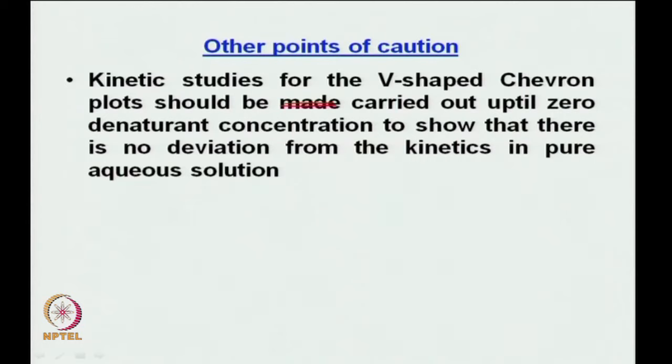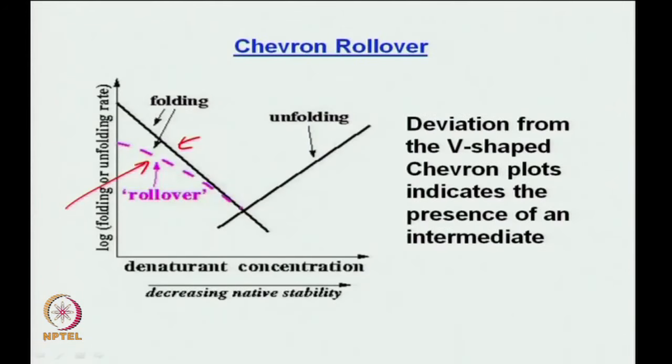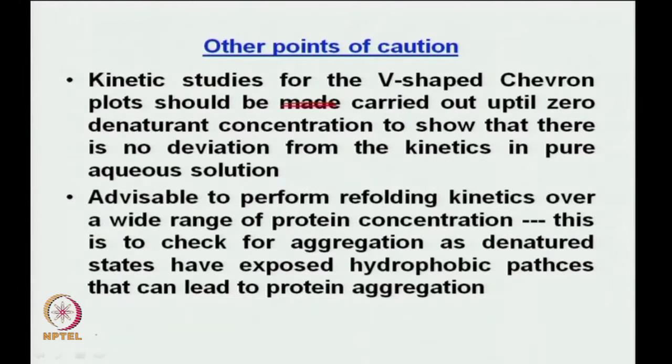So, that means remember that chevron rollover you had was at a very low denaturant concentration. So, you have to go back to as low a denaturant concentration as possible to see that they merge with each other, or you are not seeing any intermediates.